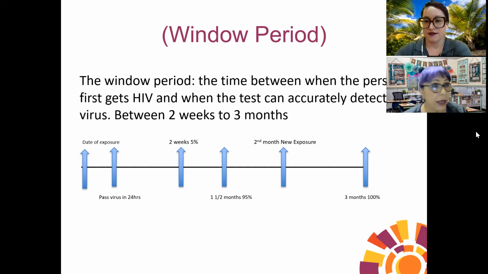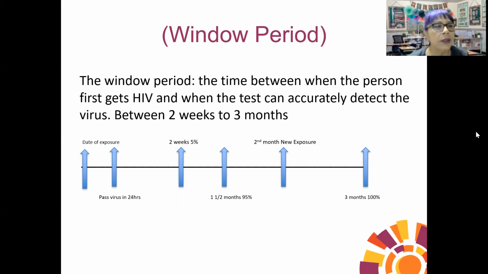And whether you know you have it or not. So the soonest you can get tested is 2 weeks from the contact, right? However, that's only about 5% accurate. So if somebody gets a negative result, I would encourage them to come back at least at 1.5 months, because now it's about 95% accurate. If somebody still gets a negative there, I encourage them to come back at 3 months just to be 100% sure they do not have it.